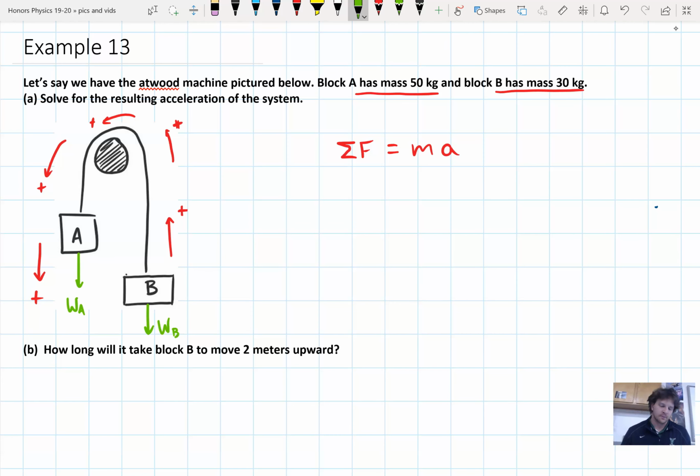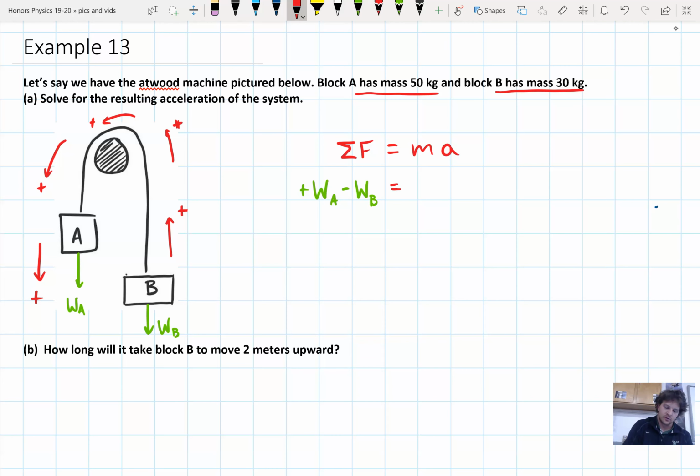It's slowing it down. So when I do my forces acting on it, the weight of A is pointing in the positive direction. So that's a positive weight of A. And if we look at the direction of B, the weight of B is pointing down. Well, that's the negative direction on B's side. So that's going to be a negative force.